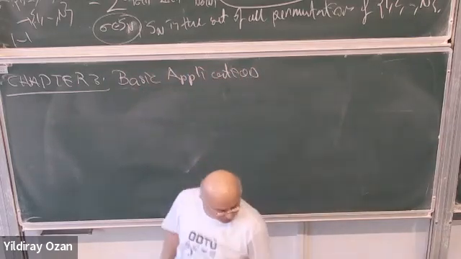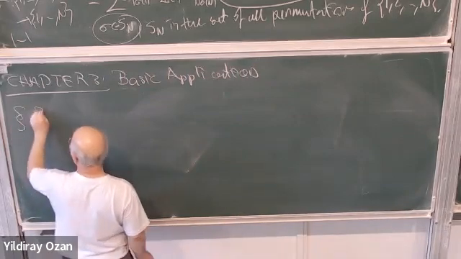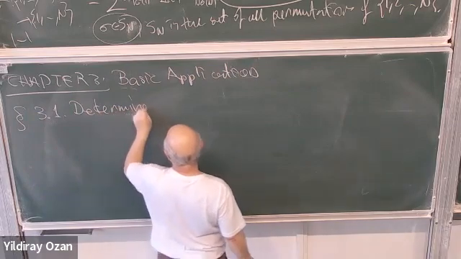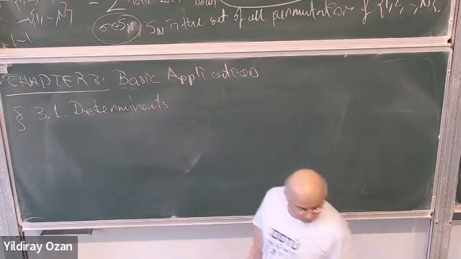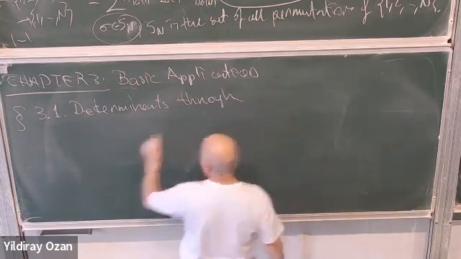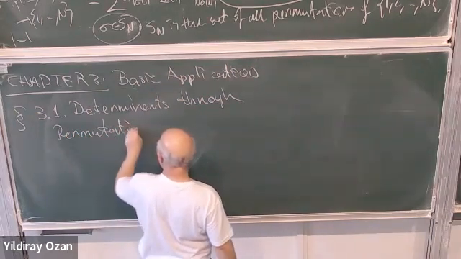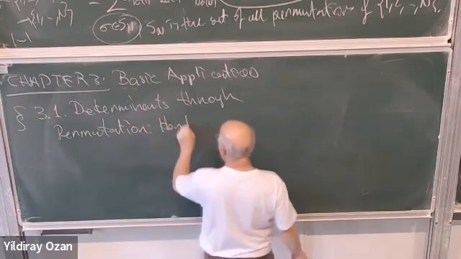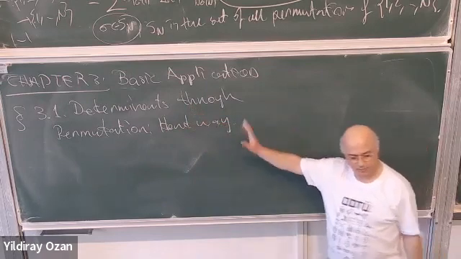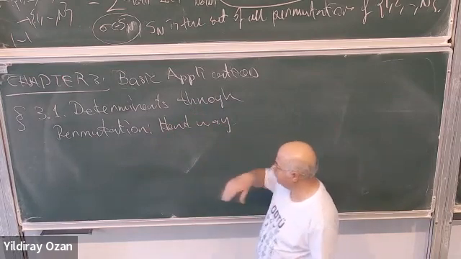And the first one is determinants through permutations. I'll just give the definition, but then we will not go into that in detail.